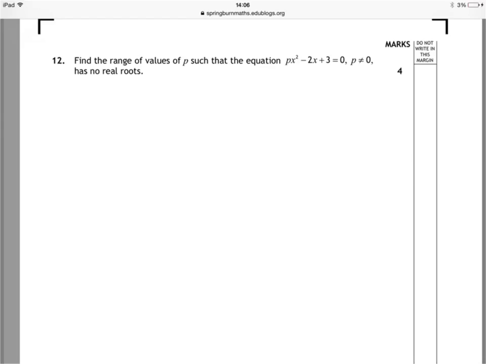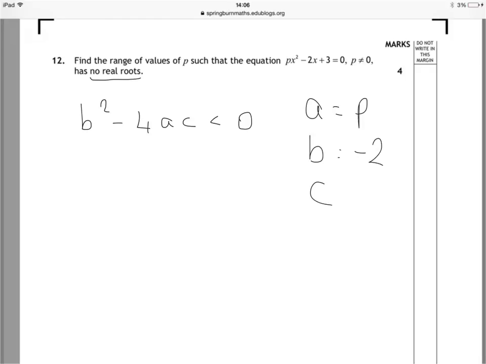Question 14. Find the range of values of p such that the equation px squared minus 2x plus 3 is equal to 0 has no real roots. Now, the condition for no real roots is that the discriminant is less than 0, and you'll get a decision making mark for that one. So b squared minus 4ac is less than 0. Now we can see that a is equal to p, b is minus 2, and c is equal to 3.